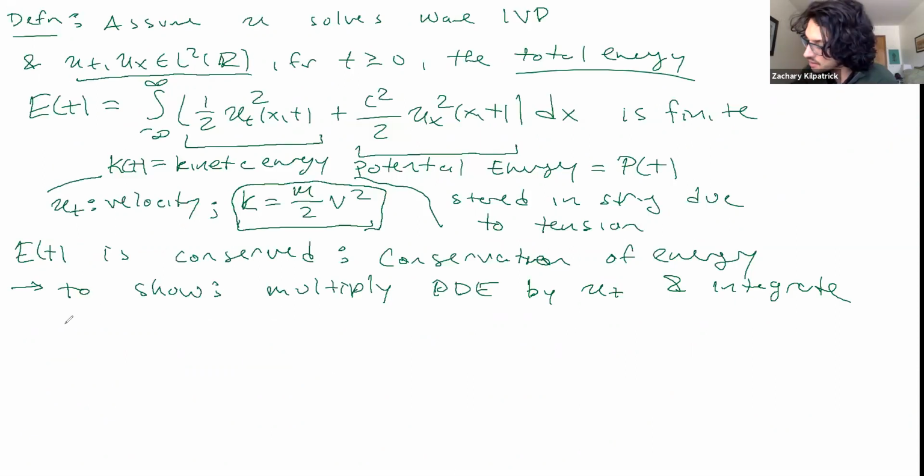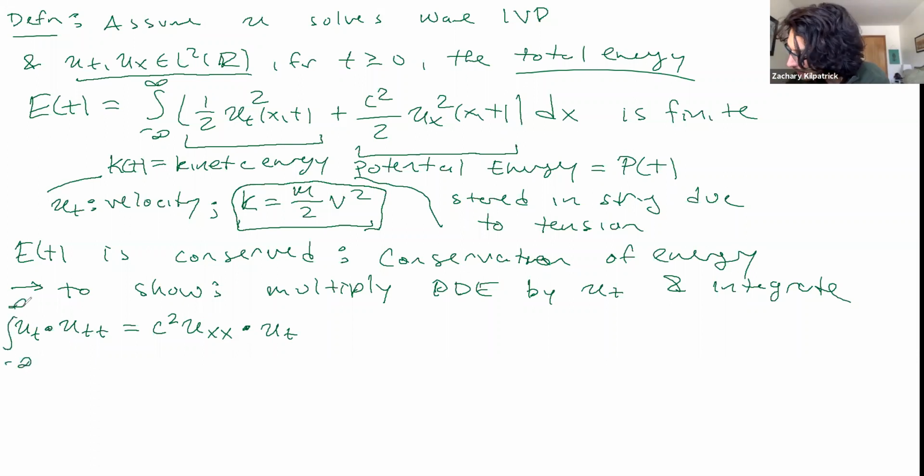So I just take u_tt is equal to c squared u_xx, okay? I multiply both sides by u_t, okay? And then I'm going to integrate. All right. I need to slip in my dx there. Okay.